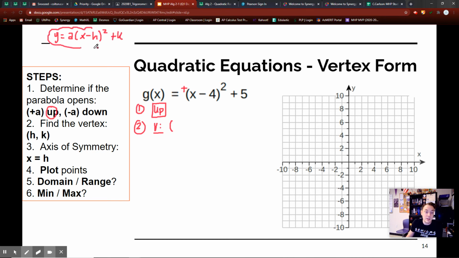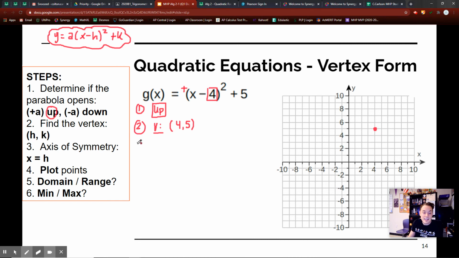Now notice the built-in negative. So am I going to type in negative 4 for my h? No, I'm just going to take 4, because the negative is already built into my formula. Then my 5 is going to be my k. Notice there's a positive, so I just take whatever sign that is and bring it in. So this is my vertex. Let's go ahead and plot that, 4, 5. It's going to be somewhere right around there.